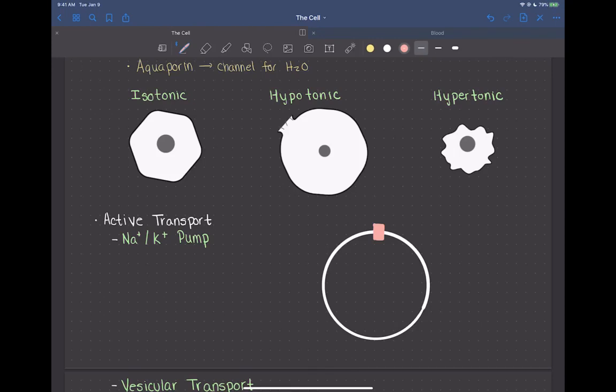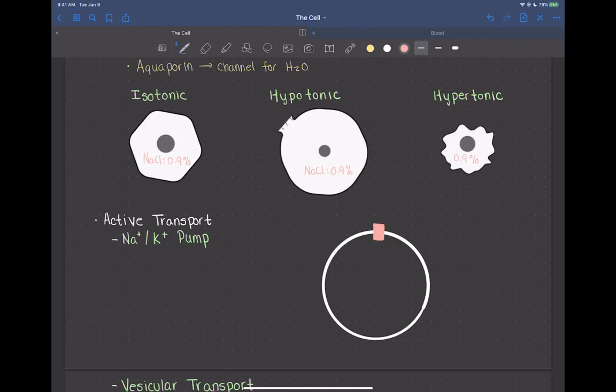One thing to remember with cells is that they always have a salt concentration in their cytoplasm, in that cytosol, of around 0.9%. All of these on the inside would have 0.9%, and that's for salts.